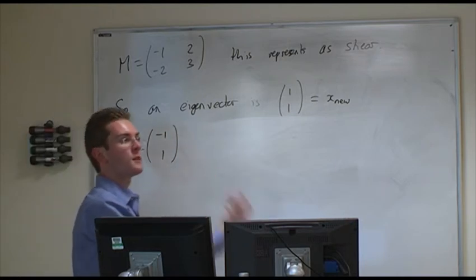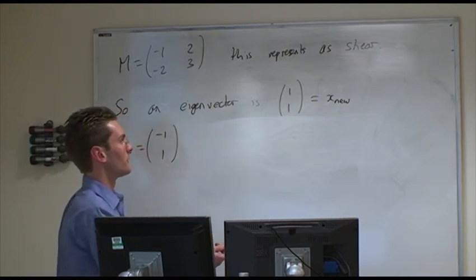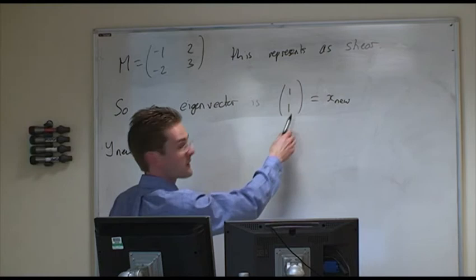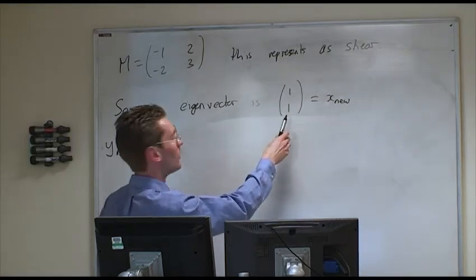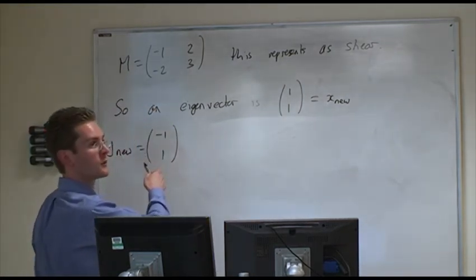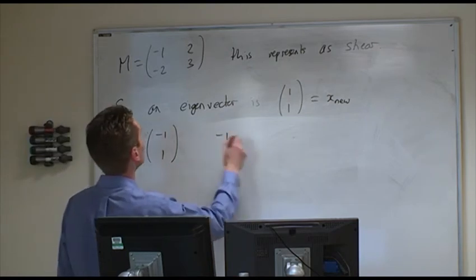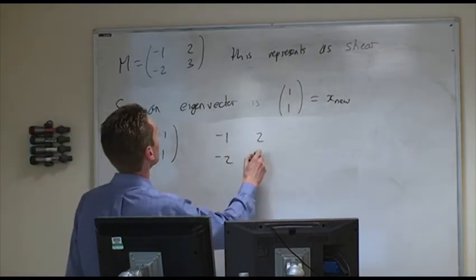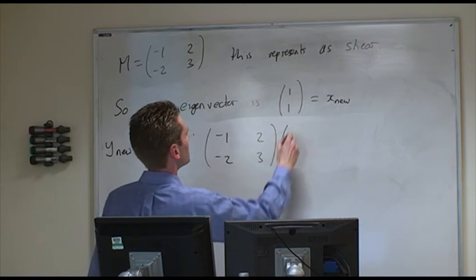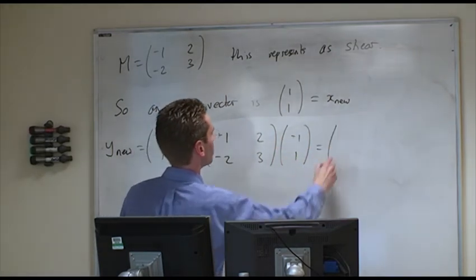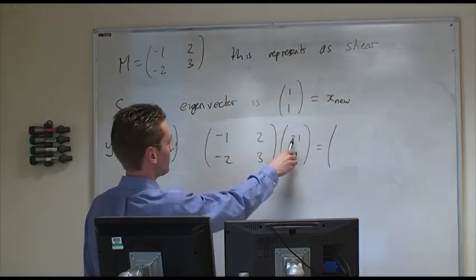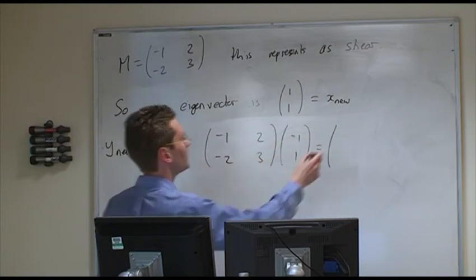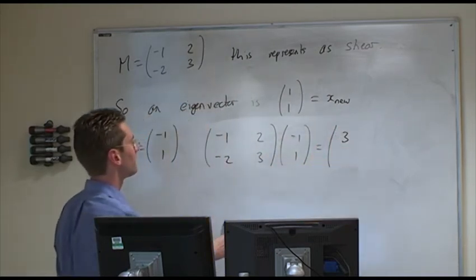So let's think about what the matrix does to these two new coordinate directions. It will leave this one invariant because this is an eigenvector for the eigenvalue 1. So we need to think about what it's going to do to y new. Let's multiply this out. So we have minus 1 times minus 1, which is 1, plus 2, which gives me 3.